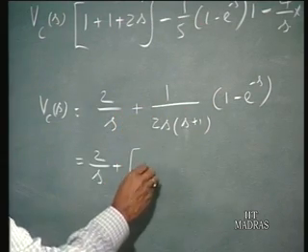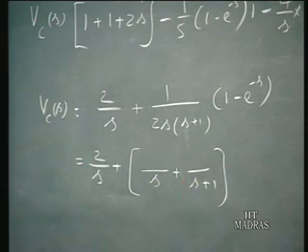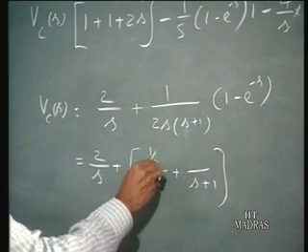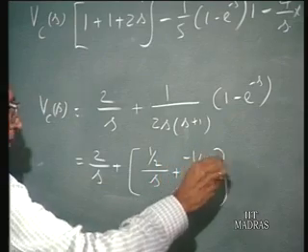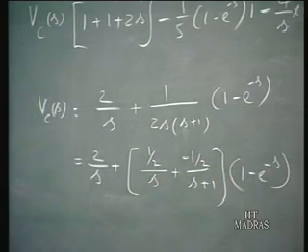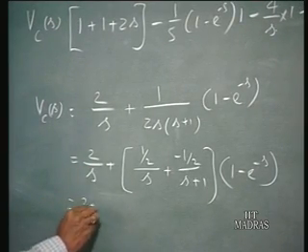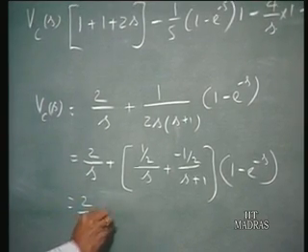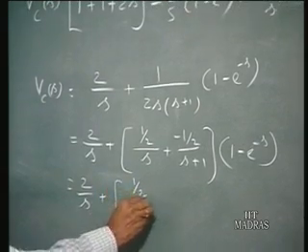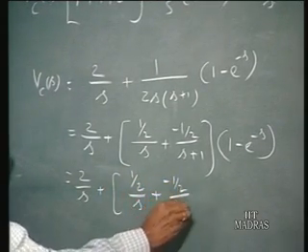That will consist of 2 terms, half and minus half times 1 minus e to the power of minus s. Essentially, you have 3 quantities to deal with: 2/s, plus (1/2)/s, plus (−1/2)/(s+1).